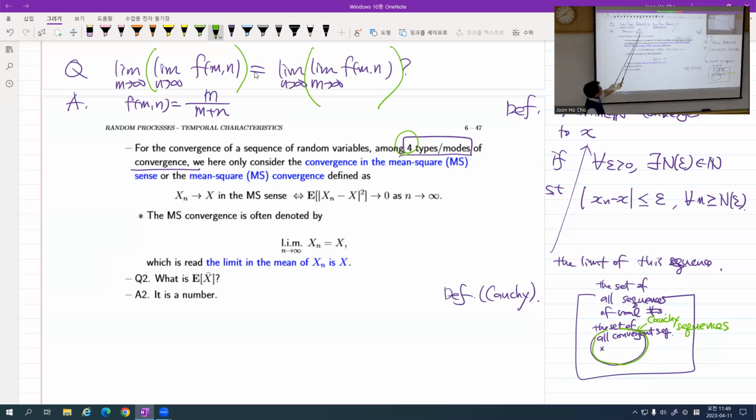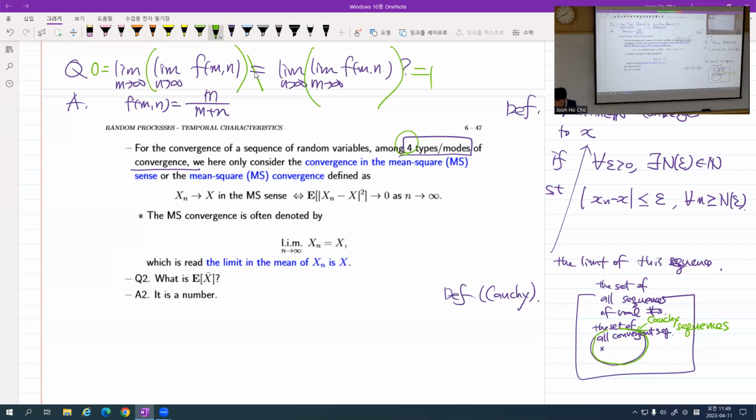As n tends to infinity, this is 0 for any m, right? So the limit of 0 is 0, so the left side equals 0. What about the right side? This inner limit is 1, whatever n you have. Then the limit of 1 is 1. So they are different. Got it? So in general, you cannot interchange the order of two limits.